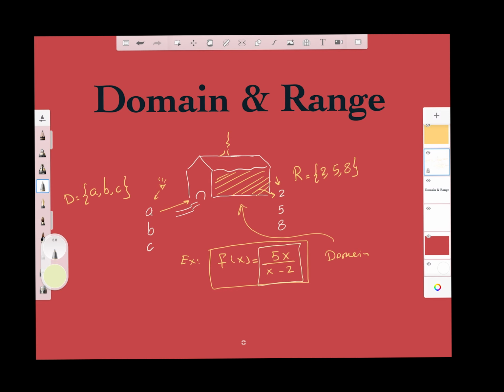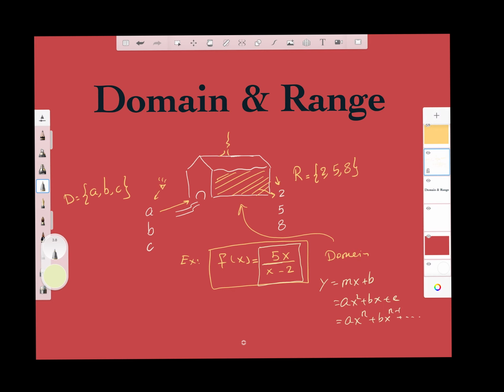If we have a linear function, like mx plus b, or a quadratic equation, or any type of polynomial, like ax to the power n plus bx to the power n minus 1.